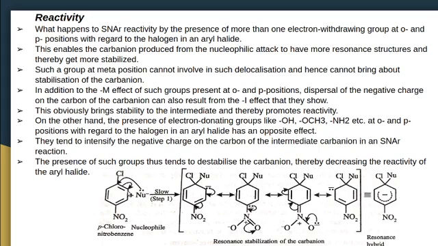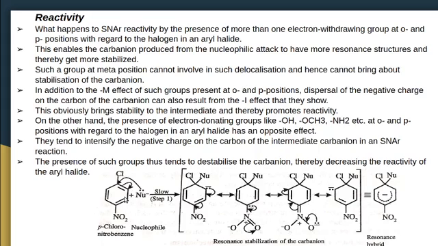So electron withdrawing groups that are present at ortho or para positions stabilize the carbanion that is formed in the first step by involving resonance. Such a group at the meta position cannot be involved in such a delocalization and hence cannot bring about stabilization of the carbanion.